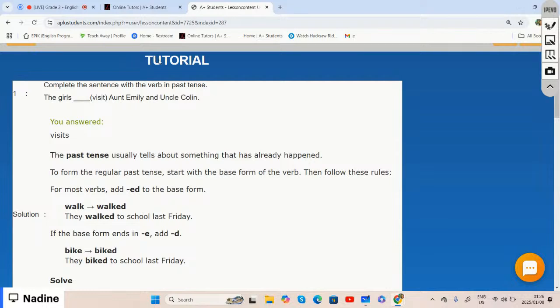It says the girls visit Aunt Emily and Uncle Colin.